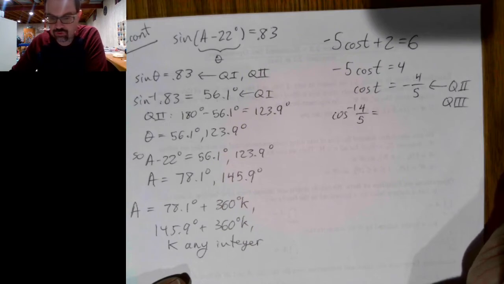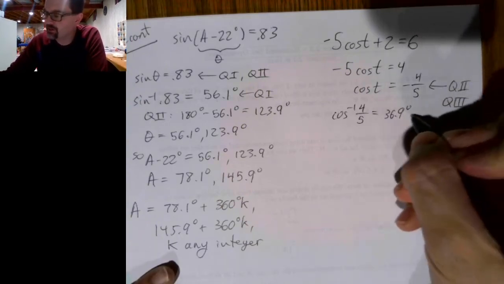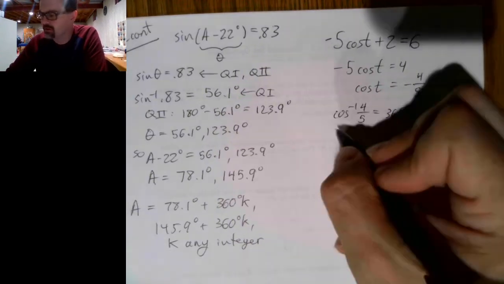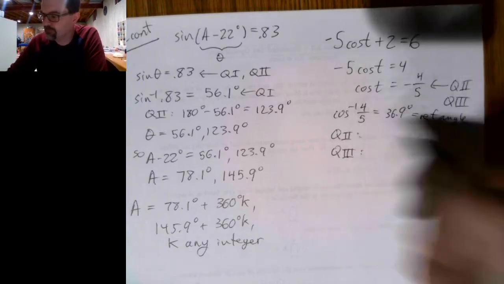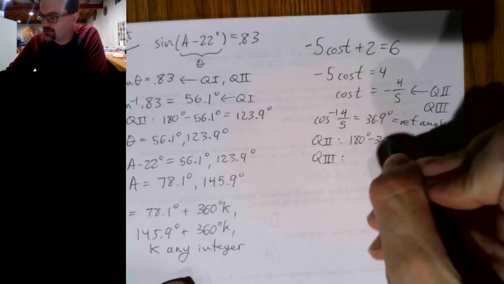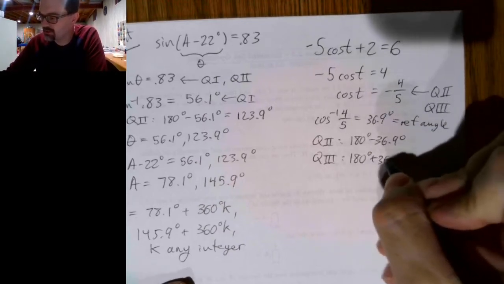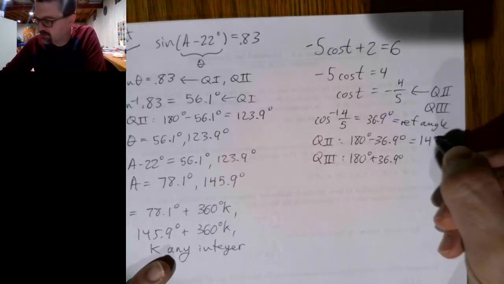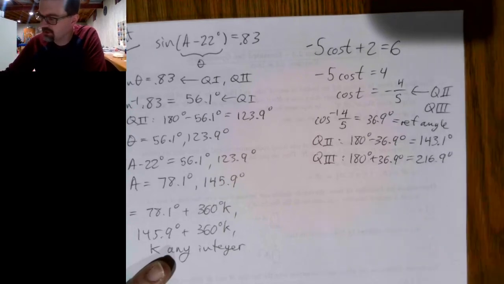If you do that, 36.9 is what would come out of your calculator in degree mode. So in our two quadrants, quadrant 2 is 180 minus that. Quadrant 3 is 180 plus that. So we get 143.1 degrees and 216.9 degrees.